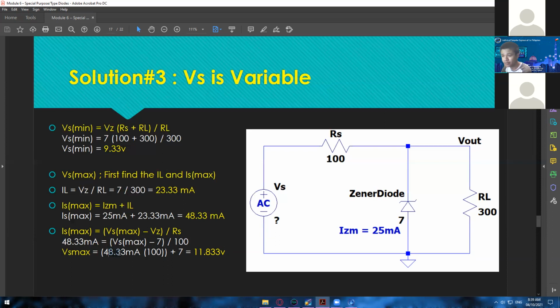So 48.33 milliamps times 100 plus 7. Just do the math, and we'll get 11.833 volts. So in here we have a range from 9.33 to 11.833.